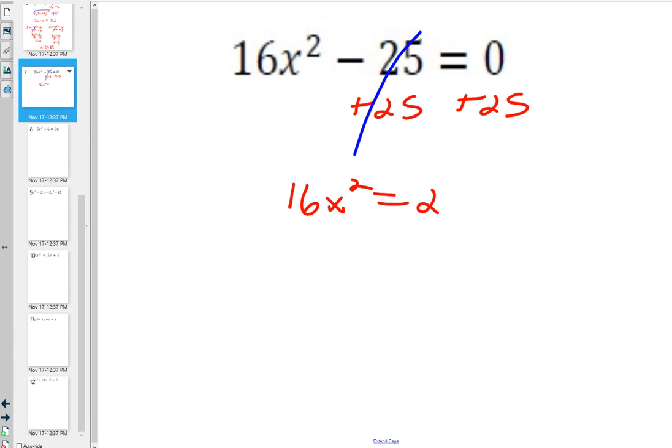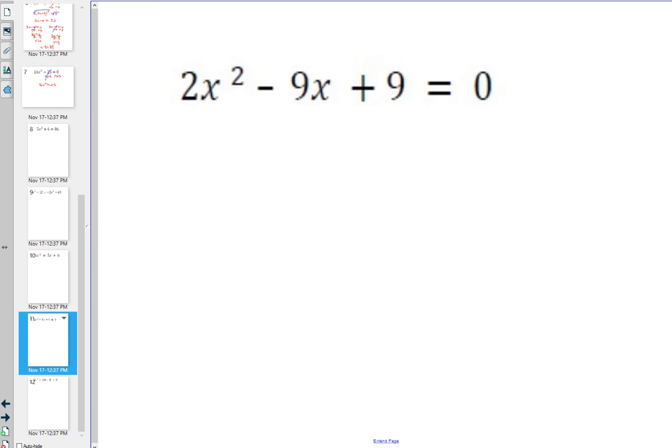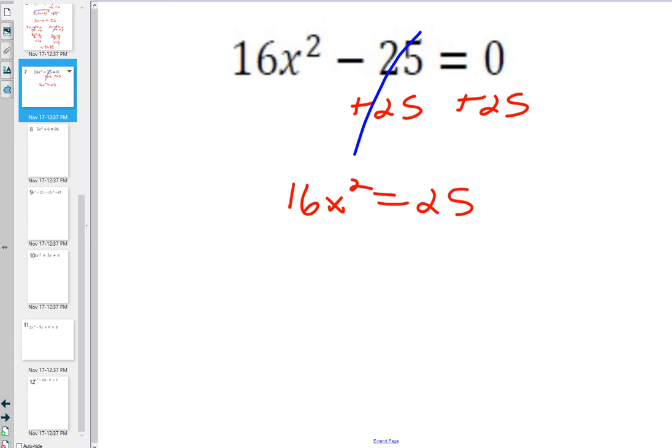Ellie, what would I do next? Oh, oops. Well, you actually could. You could square root and you would get away with it because 16 is a perfect square. I don't advise it. If you're going backwards PEMDAS, are we getting rid of an exponent first or are we getting rid of multiplication first?